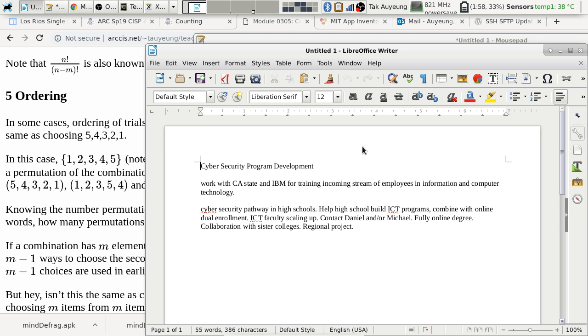Because there's a huge exodus expected, and they know the incoming stream of employees is not going to meet that requirement, the state of California and IBM, which is their main vendor of IT stuff, now want to partner with Los Rios to have classes so that we can help prepare entry employees to get into IT jobs. So that's kind of interesting.